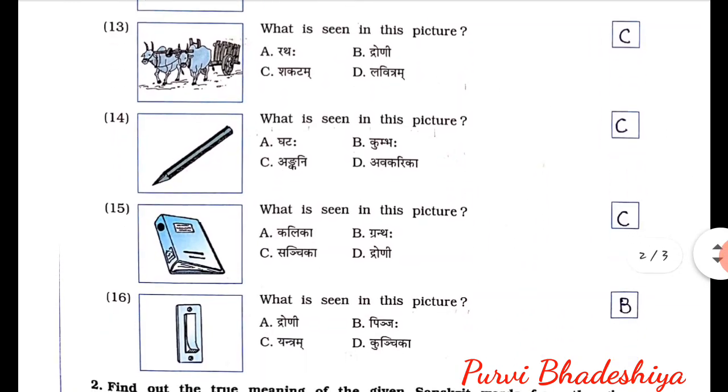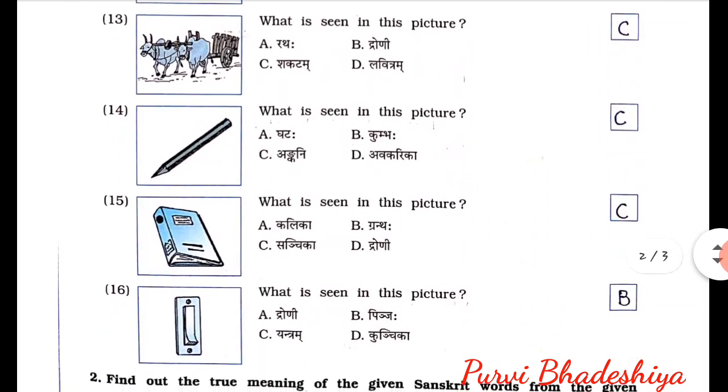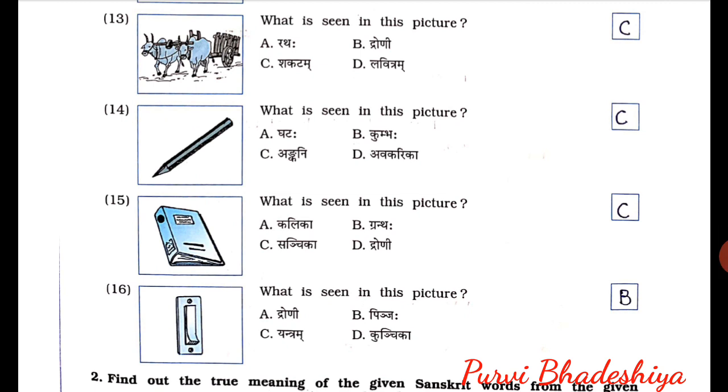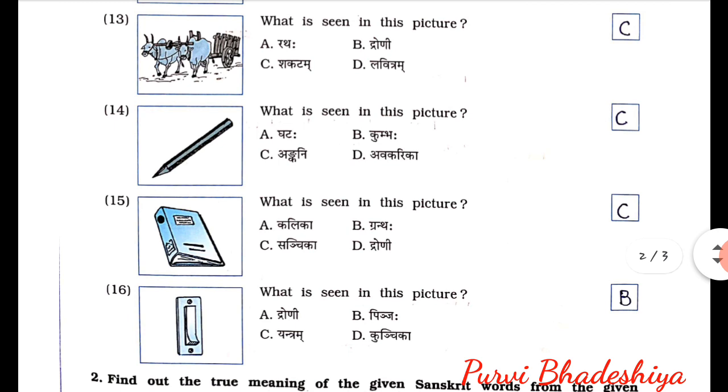Now, 13 number picture is of a bullock cart. So, they are asking a question, what is seen in this picture? So, the answer is C. Sakatam. C. Sakatam. 14 number picture in which a pencil is there. So, they have asked a question, what is seen in this picture? So, the answer is C. Ankini. C. Ankini.